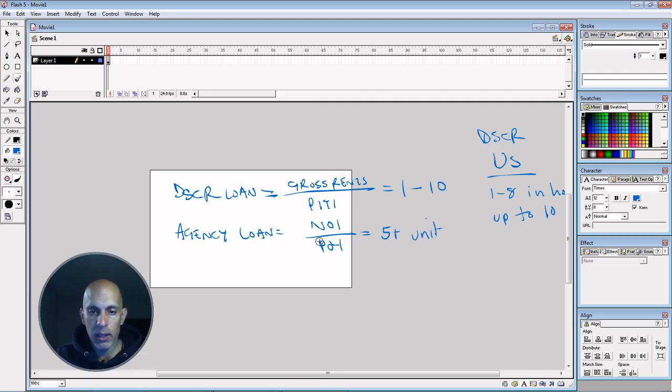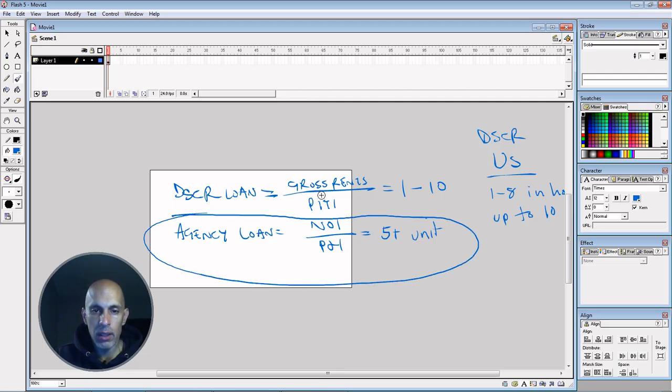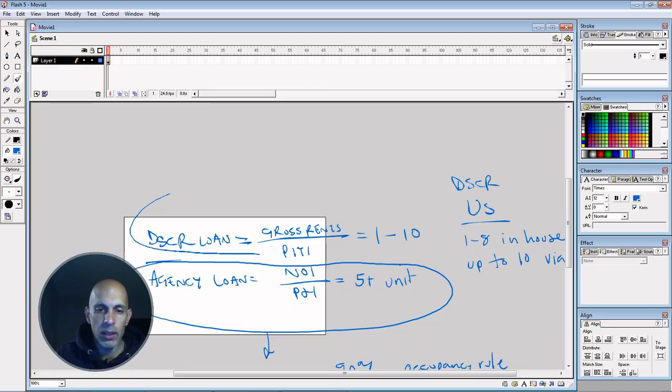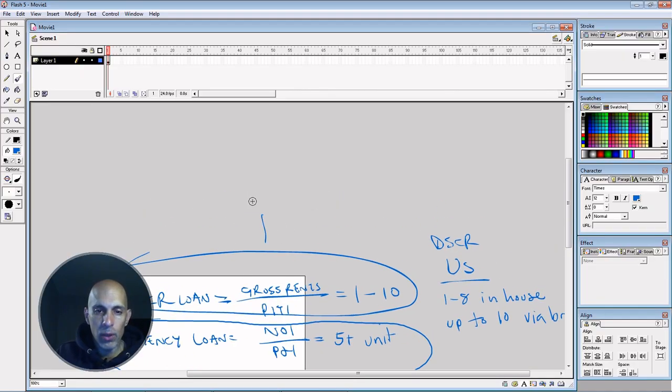But for this, we have a maximum, or rather a minimum, 90% occupancy rule. Whereas on this, for 1 to 4 units, no occupancy minimums.